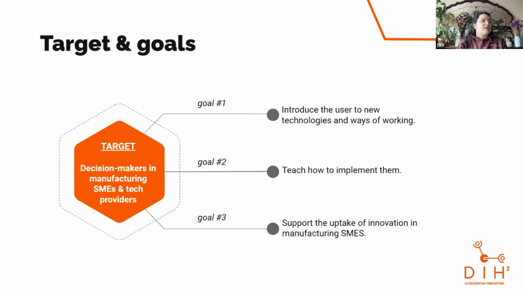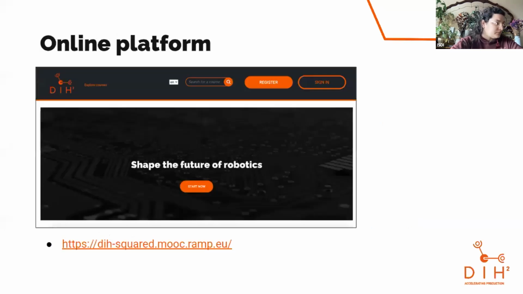In this slide, you can see the target and goals. The objective of this course is to introduce users in the European manufacturing sector to new technologies and ways of working, to teach how to implement those ways of working, and ultimately to support the uptake of innovation in manufacturing SMEs all across Europe.